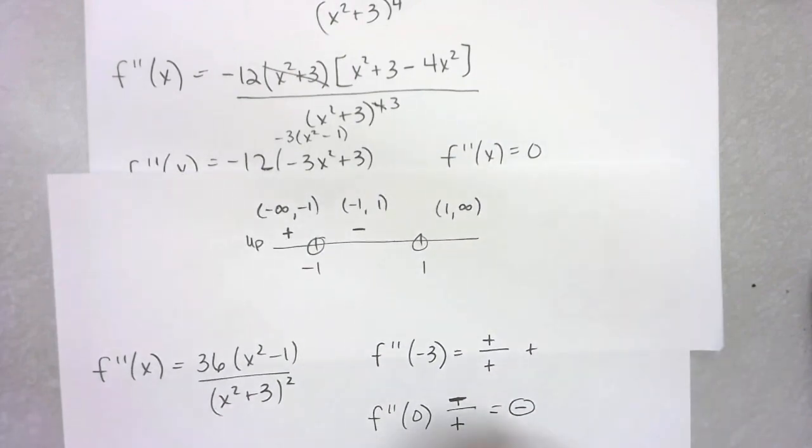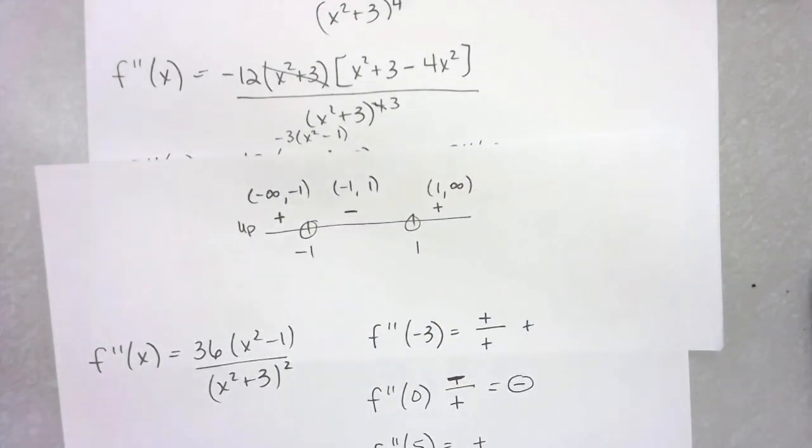And then one more, just something bigger than 1, I'll just do 5 to not be symmetric. So that'll be positive, that doesn't change. This will be positive because 25 minus 1 is positive, and then this will be positive, so it's positive overall. So my intervals of concavity: I am concave up in the positive parts.